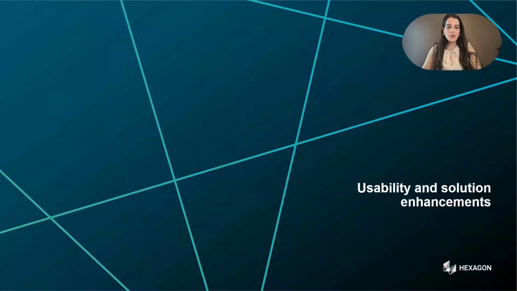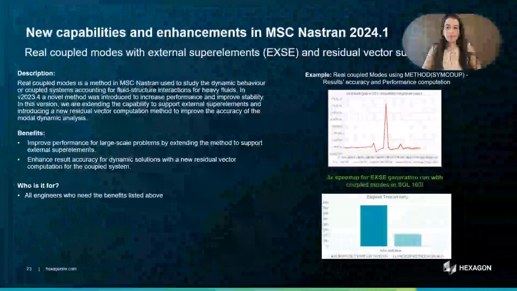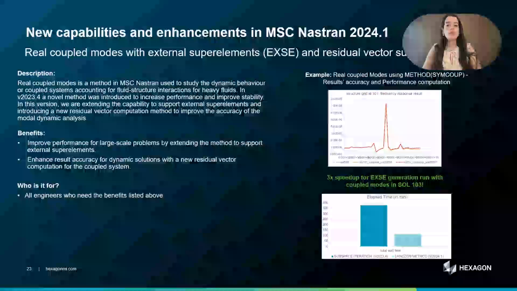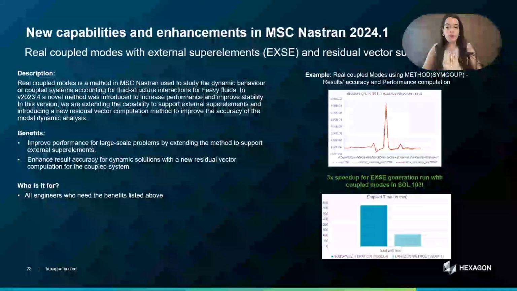Let's now talk about usability and solution enhancements for MSC Nastran 2024.1. MSC Nastran version 2024.1 extends the real coupled modes method, which studies the dynamic behavior of coupled systems accounting for fluid structure interactions in heavy fluids.